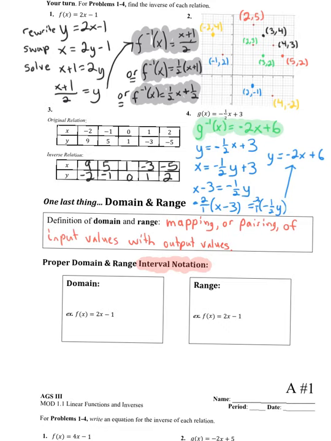X. It is the x values. Very good. That's what I'm looking for. So domain is actually going to be the list of all possible x values. And the range is the list of all possible y values.